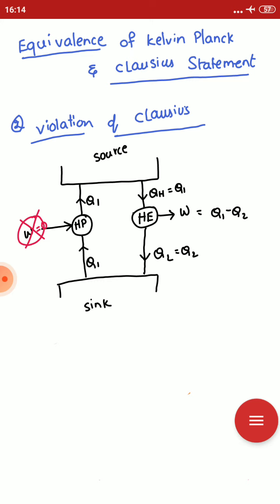If you see this, Q1 amount is extracted from the sink and rejected to the source, and if this Q2 is supplied as input to the heat engine, then the heat pump and heat engine together can be seen as one device. We can redraw here. This is a source.